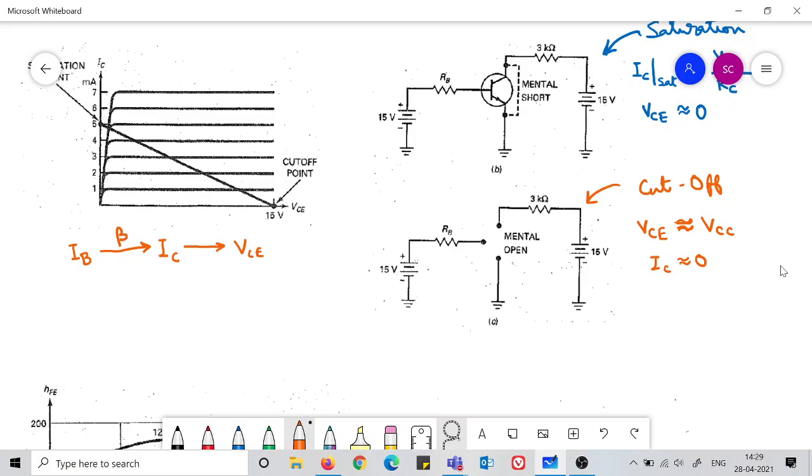So on the input side, if IB is varying in nature, what happens? Is the variation in IC, the output side, appreciable when the input side is varying? What is the answer?